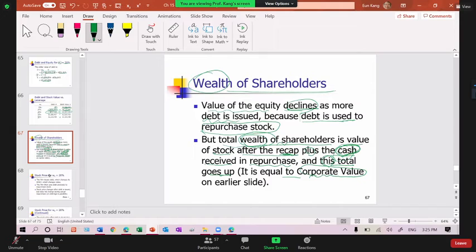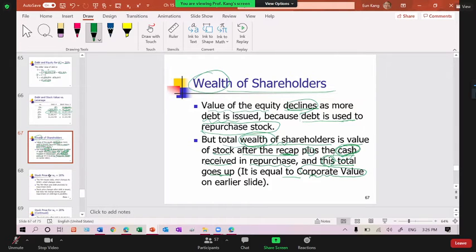So if your company is a 100% equity company, then your stockholders' wealth is just the equity value, total is 100% equity. But if you borrow money and repurchase shares, then shares go down, so equity goes down. But the amount of cash that is paid to original shareholders is still there.